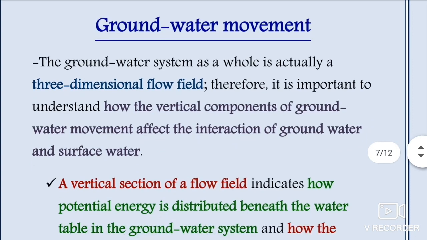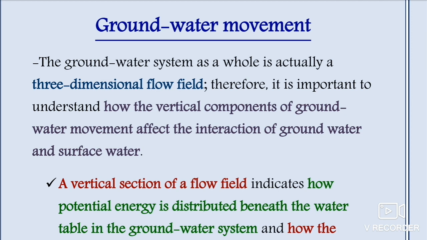And the groundwater movement system as a whole is actually a three-dimensional flow field. Therefore, it's important to understand how the vertical component of groundwater movement affects the interaction of groundwater and surface water.